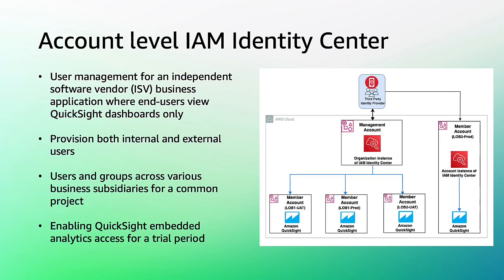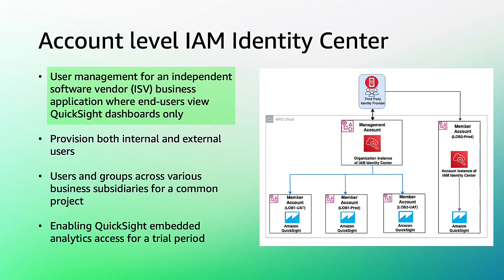So why you may need to integrate QuickSight with account instance of IAM Identity Center. There can be multiple use case scenarios for it. First one is if you want to integrate QuickSight with an account Identity Center instance for managing users in an ISV application.